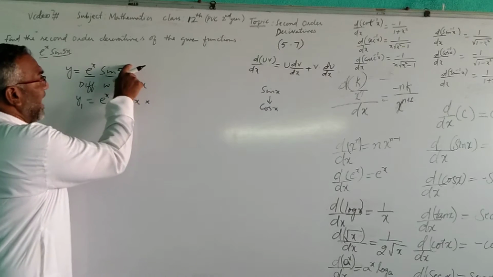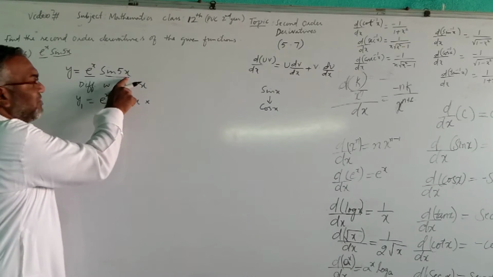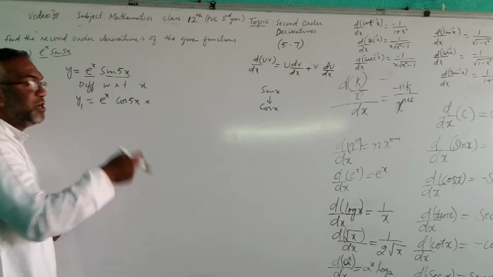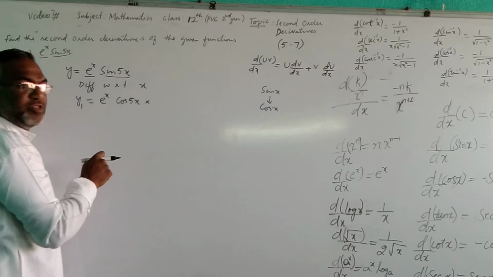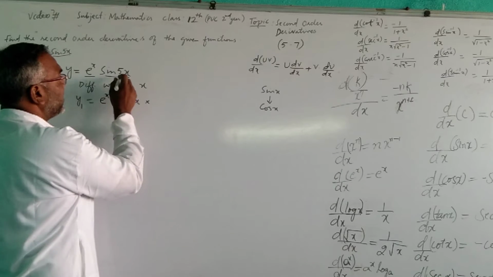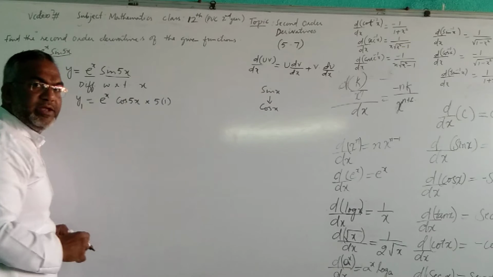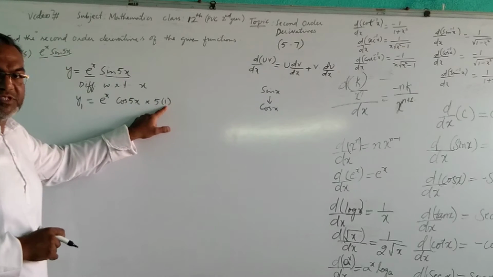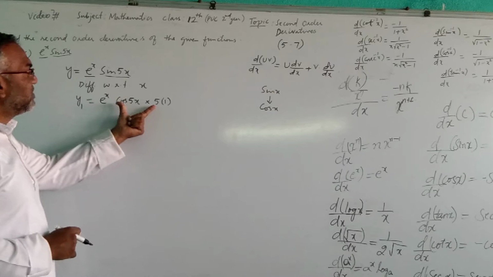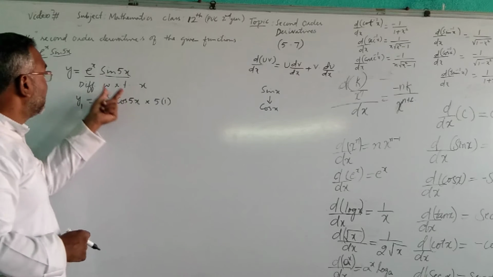But if the angle is other than x, as it is 5x here, we have to differentiate that also. So to differentiate 5x, we know 5 is a constant as it is, differentiation of x is 1. So this is the differentiation of sine 5x.